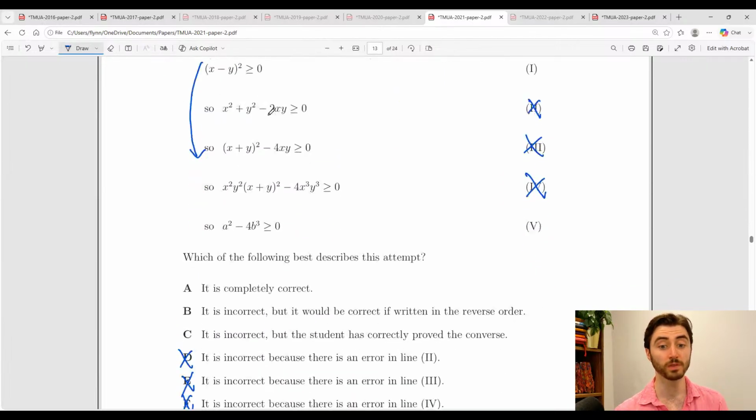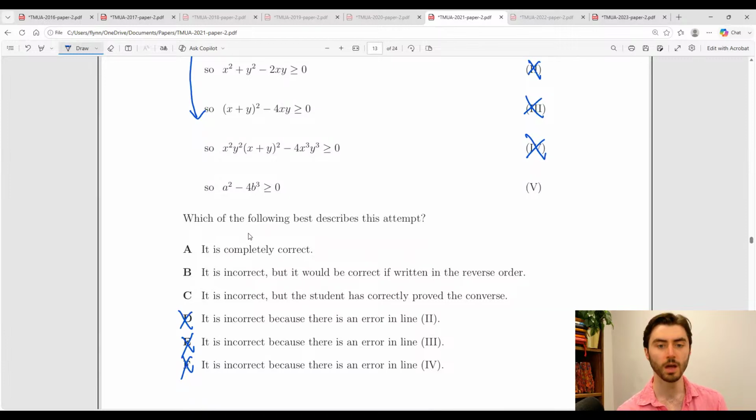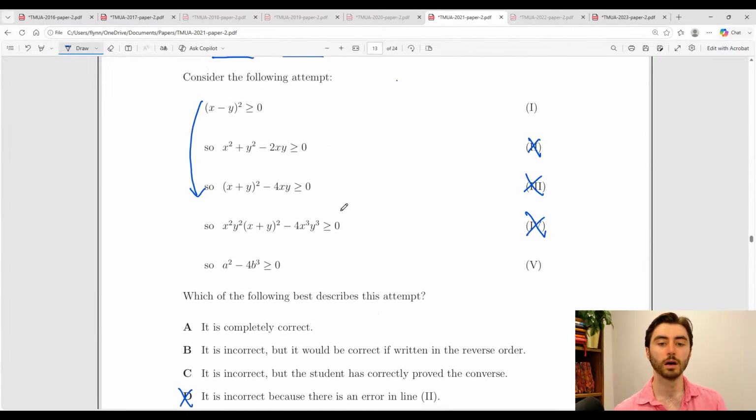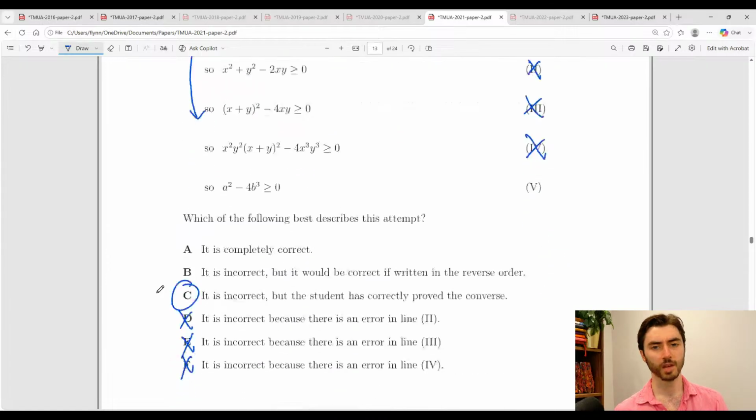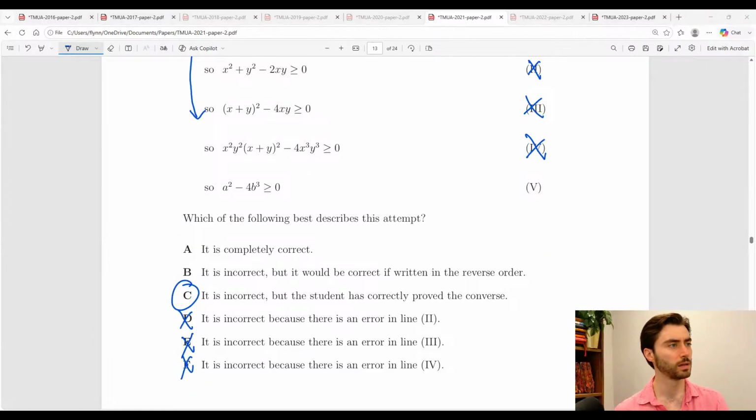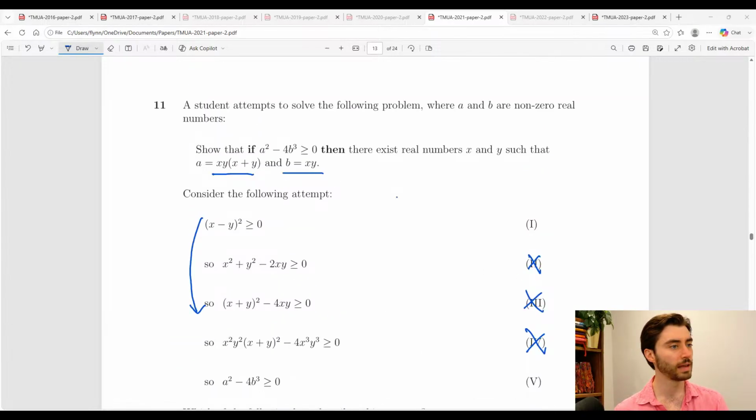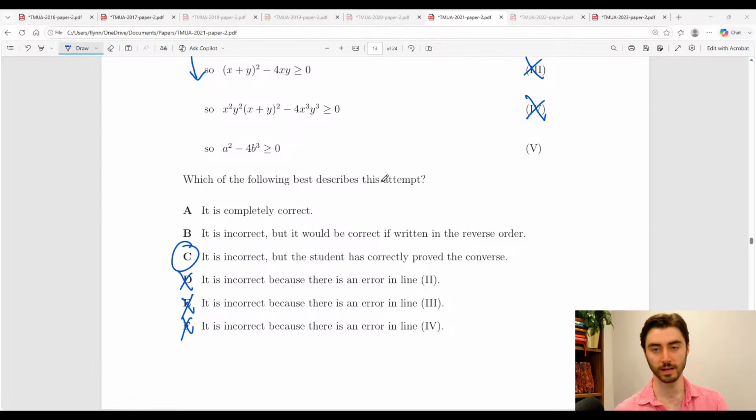In other words, what we proved is the converse of this statement, which is C. Let me just check that. So 2021, again, I'm not sure. That just didn't feel like the best explanation, but it's the best my brain's gotten at this moment. 11 is C. Yes, that is correct.